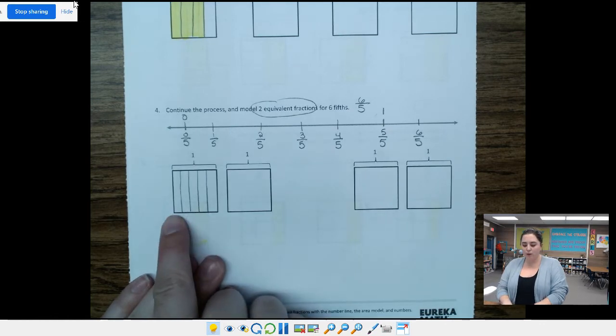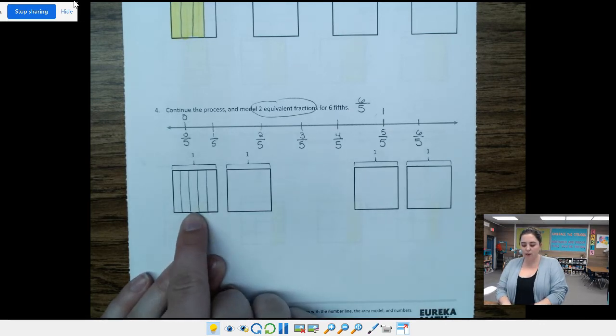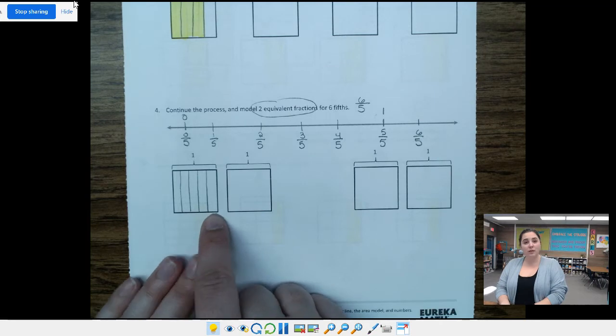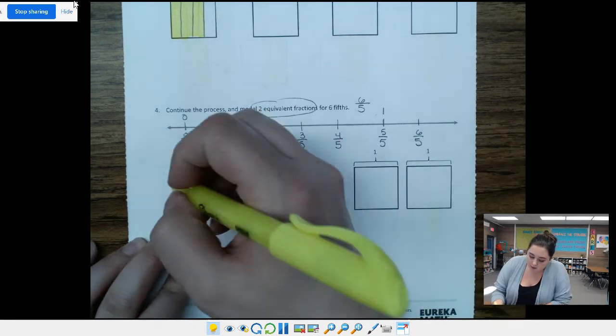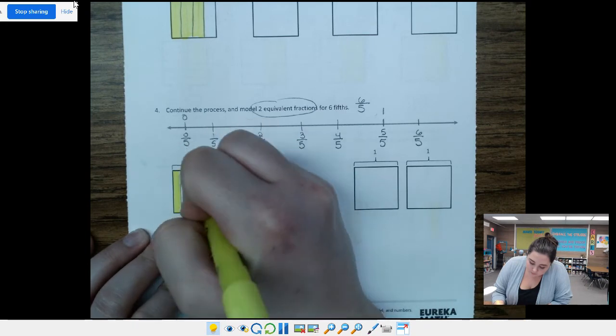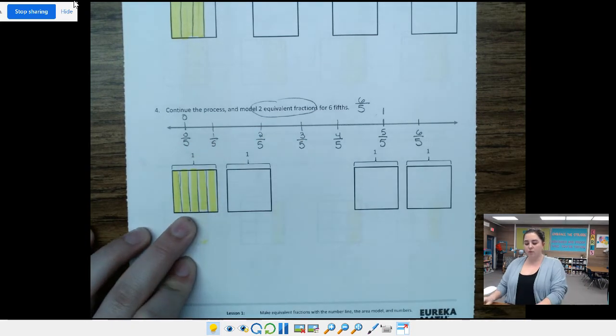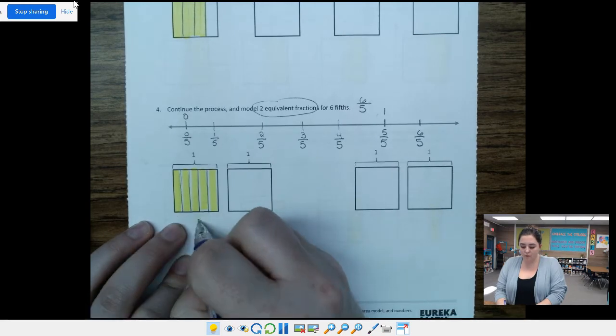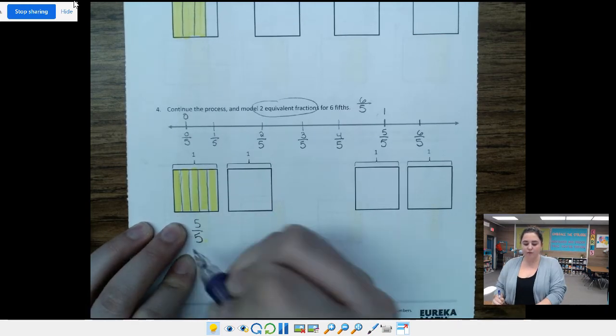Now I have 1, 2, 3, 4, 5 pieces. If I shade all of them, there we go. That's showing 5 out of 5.